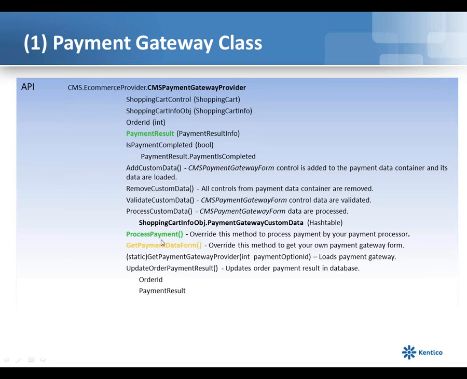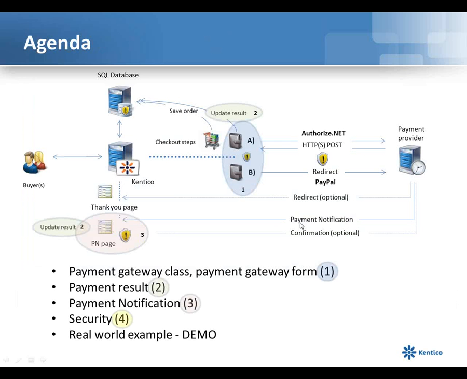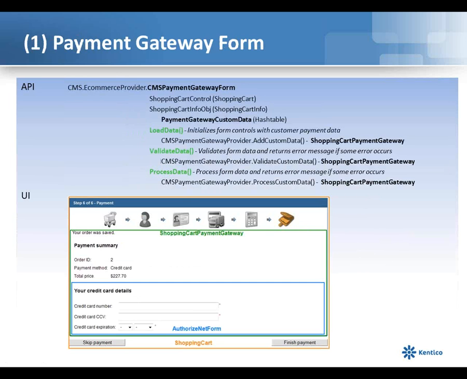So within the process payment method, I can easily access the payment gateway custom data hash table. Of course, I don't want to store the credit card information in a database or somewhere else, so that's why this hash table is then cleared out when the payment is actually processed. So it's that easy. There are only 3 methods that I might or might not implement if I need this.